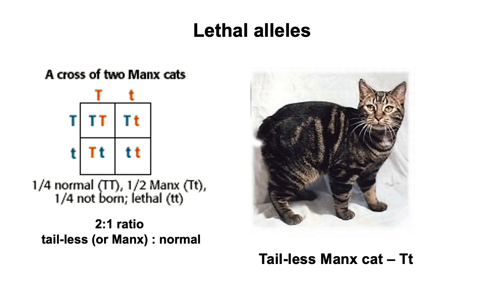And so you only see 1/3 of the cats will be born normal. Those are the homozygous dominant Ts. And then 2/3 would be Manx cats because the fourth category doesn't ever even appear. And so instead of a 1-to-2-to-1 ratio, or maybe a 3-to-1 ratio in some cases, you see a 2-to-1 ratio of Manx to normal cat in this case.